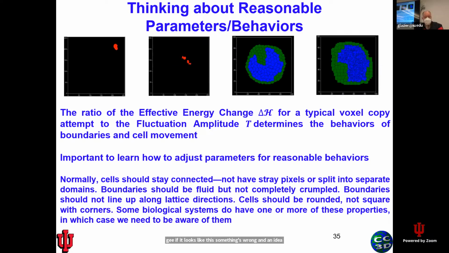Now, these are not syntax errors in your code or failures of the code. These are how you pick the behaviors that are reasonable for the physics and biology of the system you're looking at. Is it typical for the physics or how it displays equilibrium? So Kyle says, is it typical for the physics or how things display equilibrium? The systems we're looking at are never really equilibrated because we always are putting energy into the system through the fluctuations.